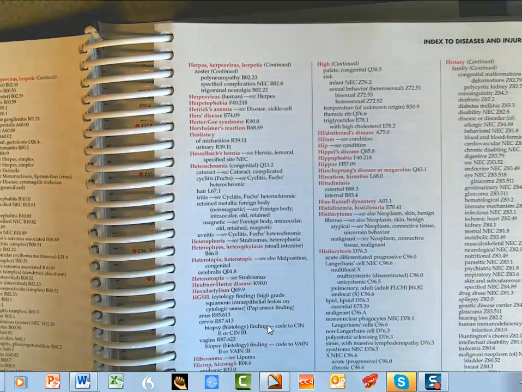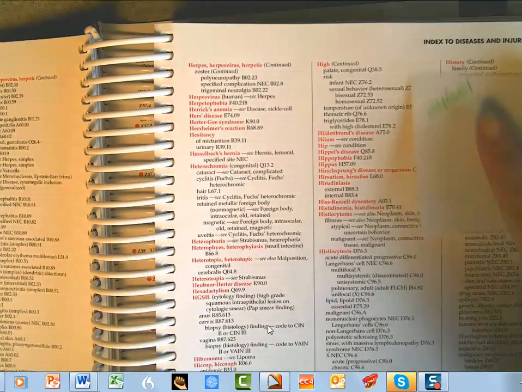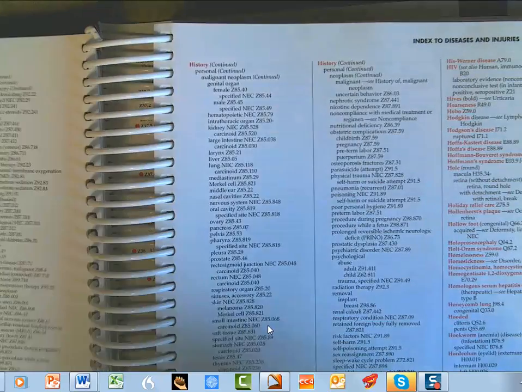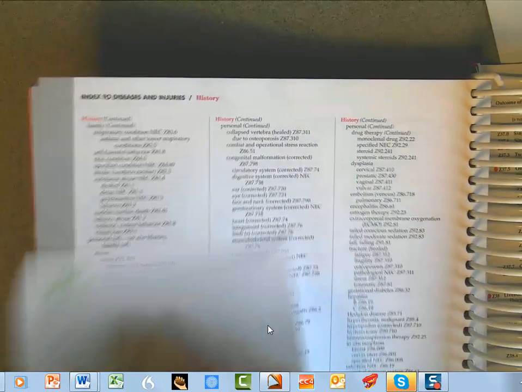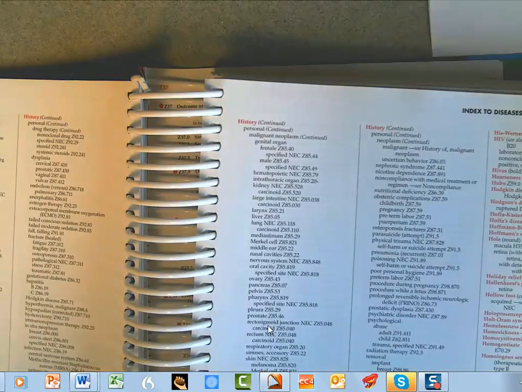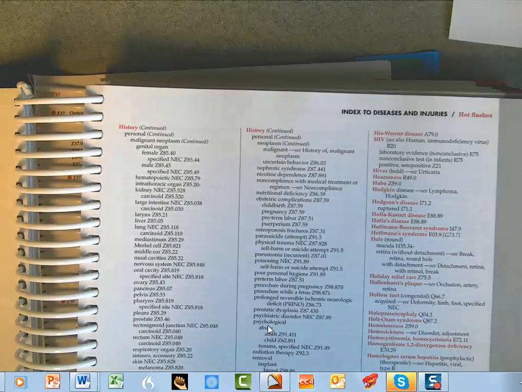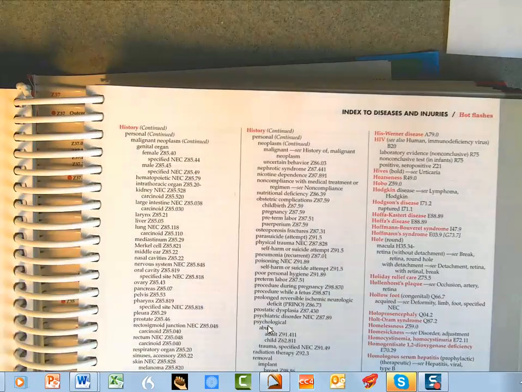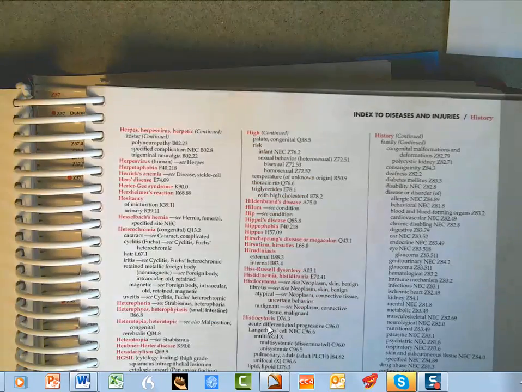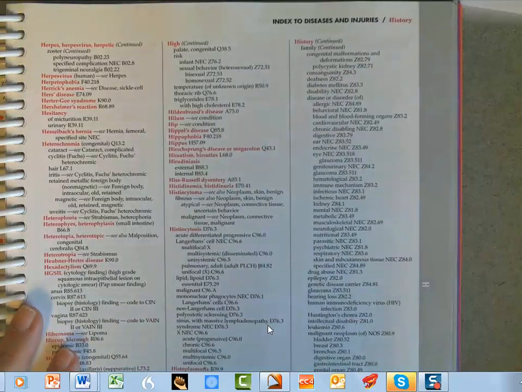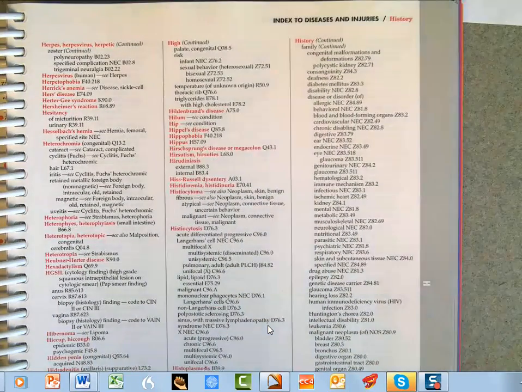History is divided into family history, and then if you keep going, you will find that later on, it divides down into personal history. So you need to make sure that if you need to be in family, you're in family. If you need to be in personal, you're in personal. In this instance, we need to be in the family history section. So, what do we have a family history of? Well, we have a family history of breast cancer.